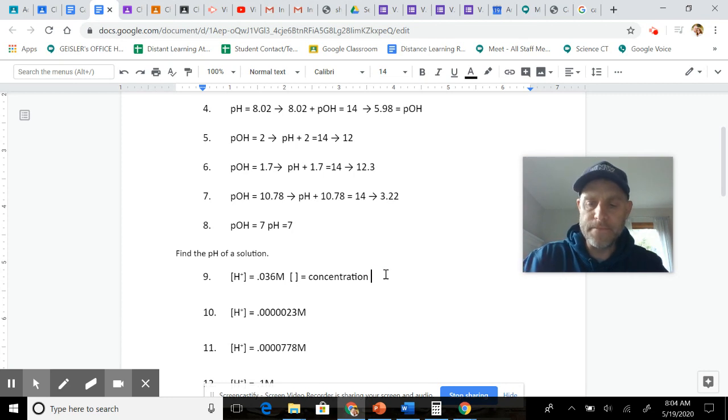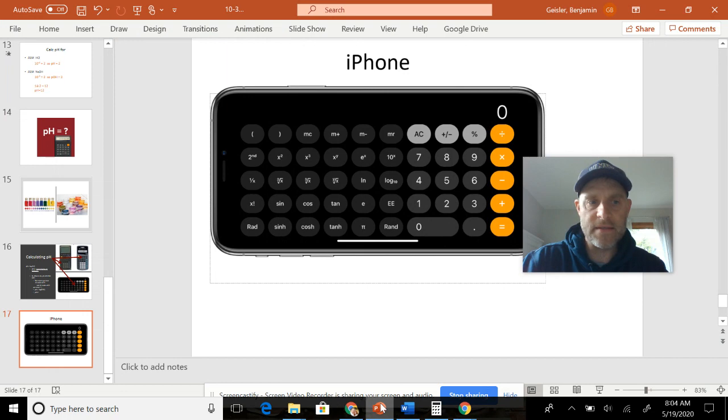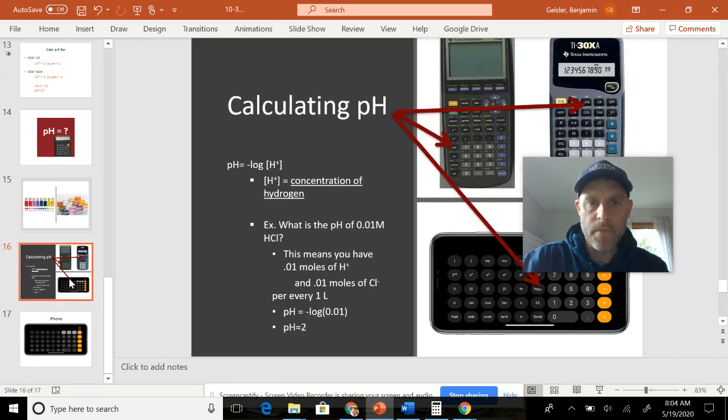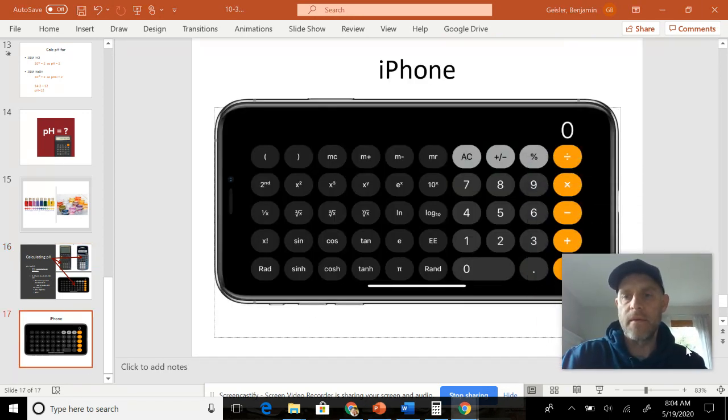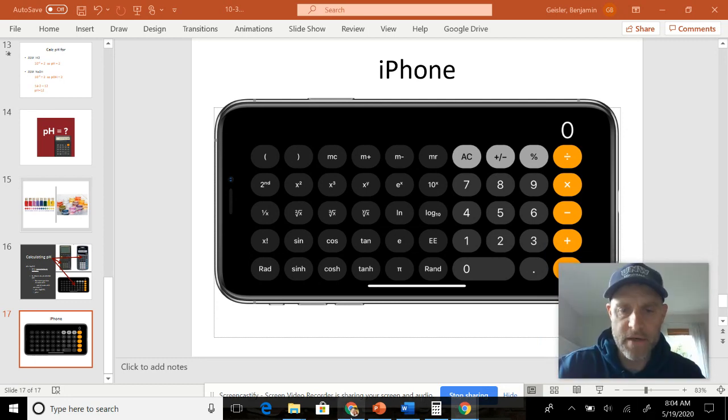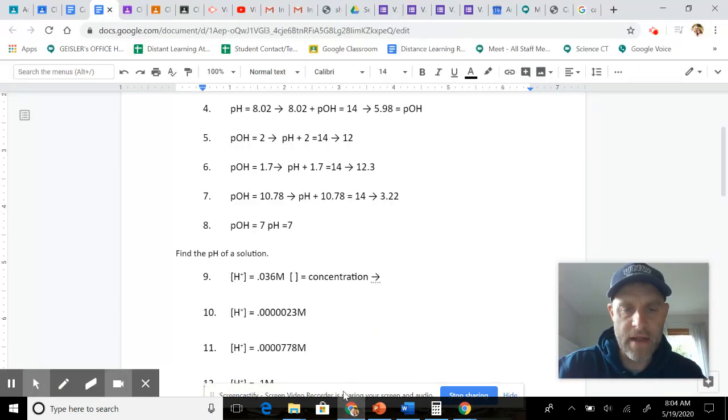Well, to do it, let me go back to this. Thought I had another slide with that on there. You need to go negative log on your calculator of the concentration.